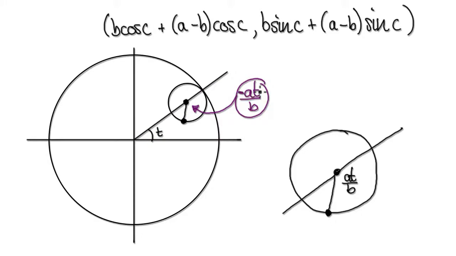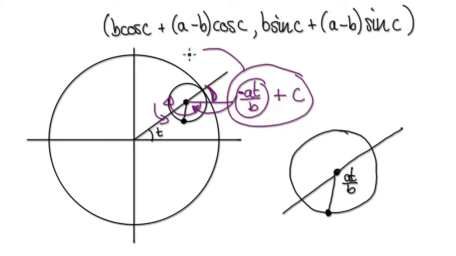We need to stick a minus in there to get it to spin clockwise, and then we need to take this angle into account. Remember, when it comes to angles, this will be negative. If you want to go the other way, it will be add. So we need to add T. In our case, it's C. And then now we need to put this into here.